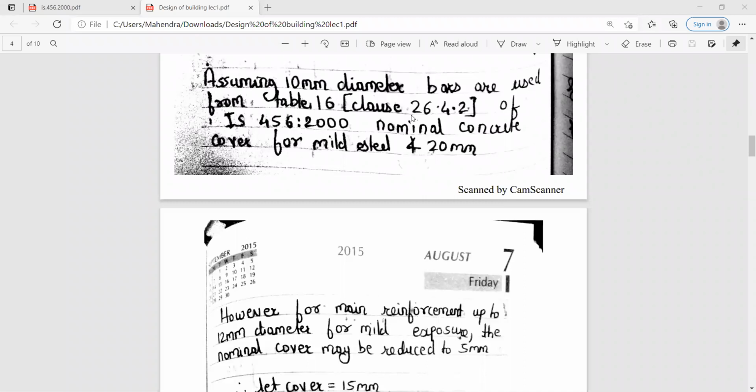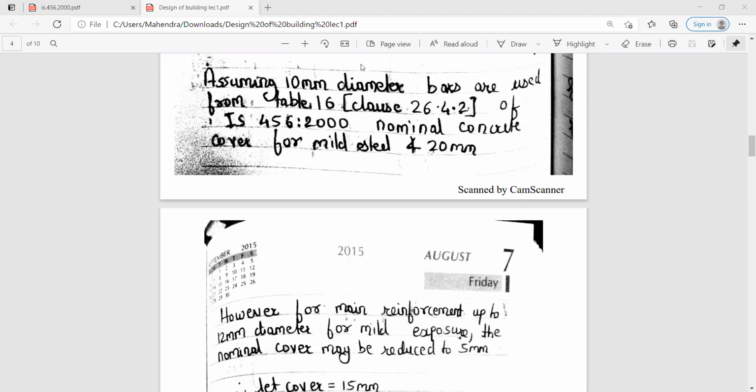So do up till here, and after completing, let me know. You need to remember all the clause numbers and the table numbers of your IS 456-2000. Yes, completed.